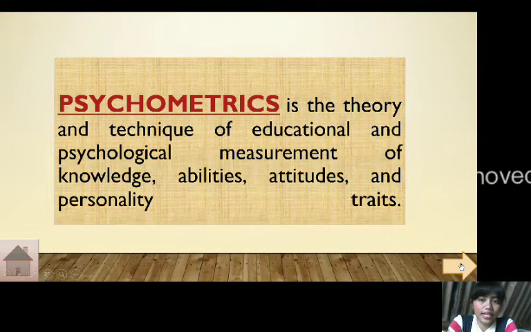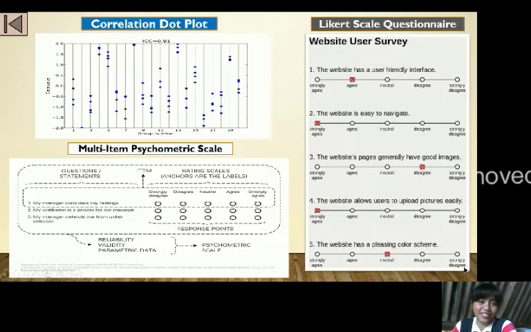The field is concerned with the objective measurement of skills and knowledge, abilities, attitudes, personality traits, clinical constructs, and mental disorders, as well as educational achievements. So, that is the use of statistics in psychometrics.